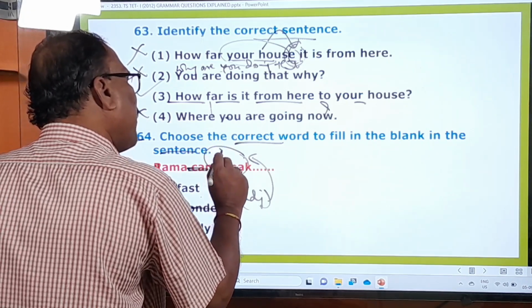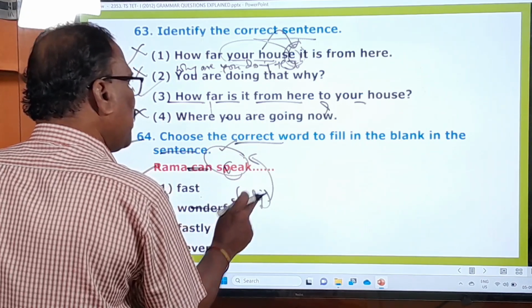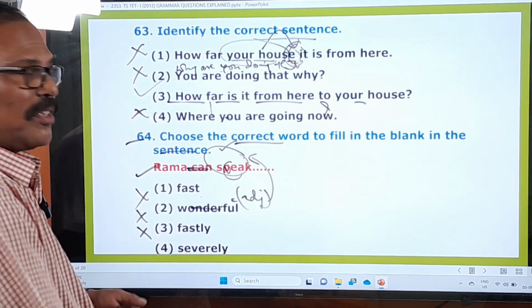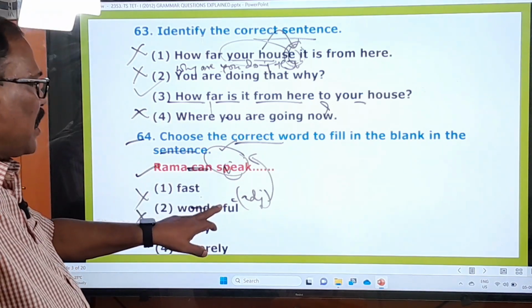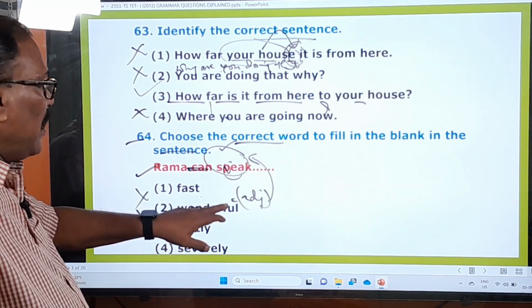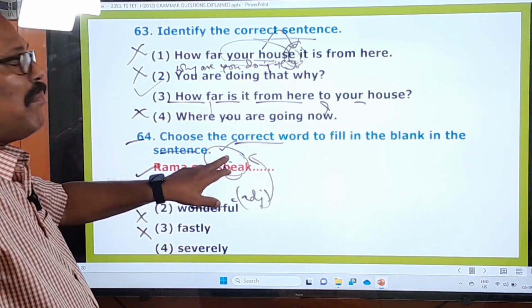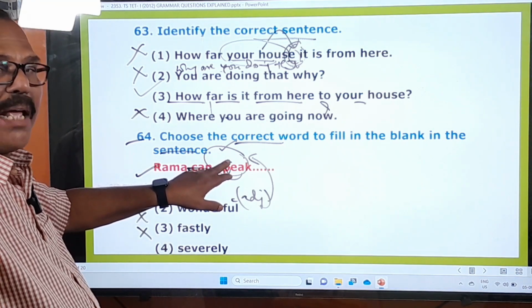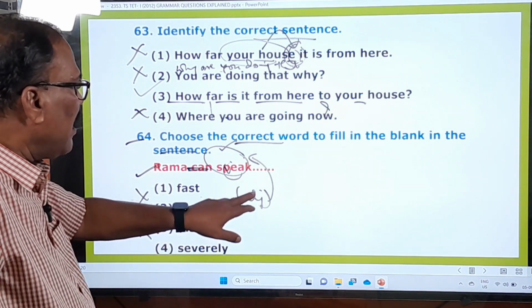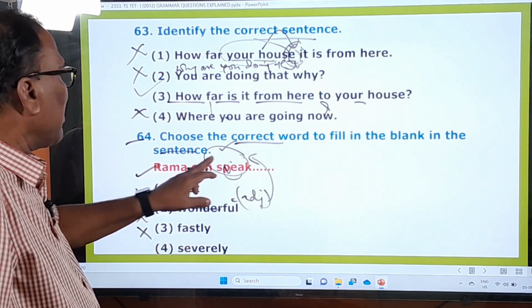An adjective cannot modify a verb. It should have been wonderfully to modify this verb. An adjective cannot describe a verb. Only an adverb can modify or describe a verb. So that's why you cannot say Rama can speak wonderful.